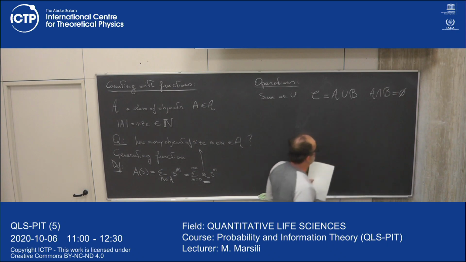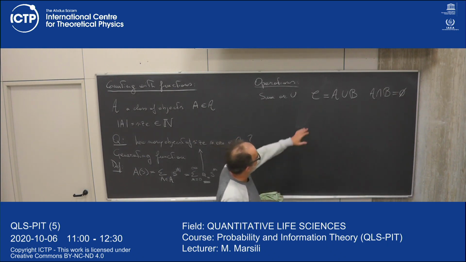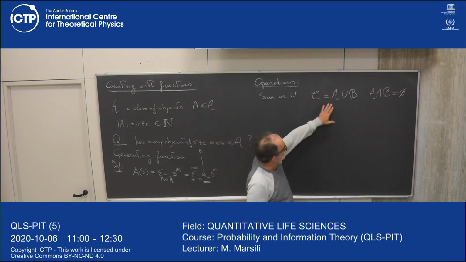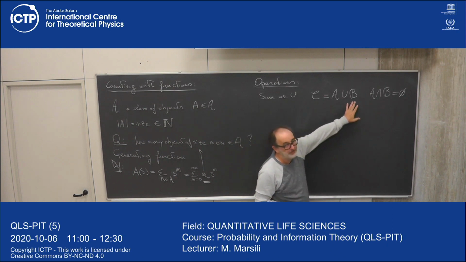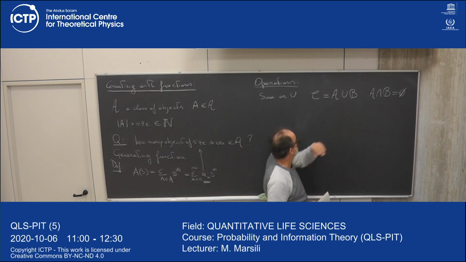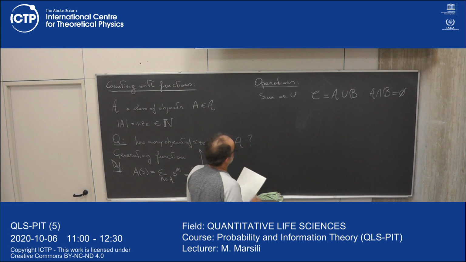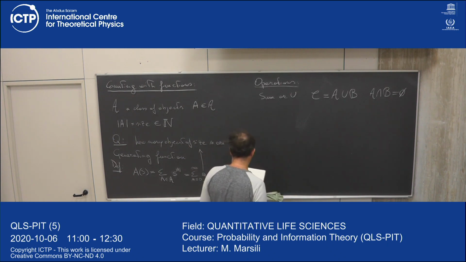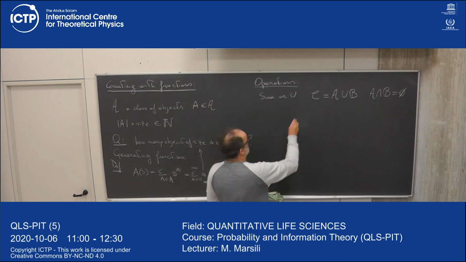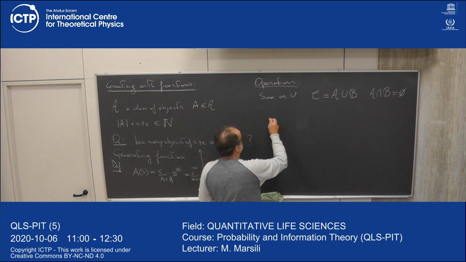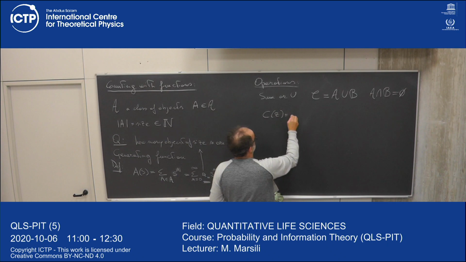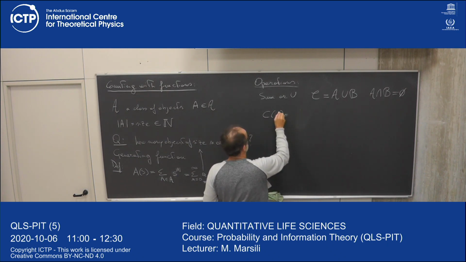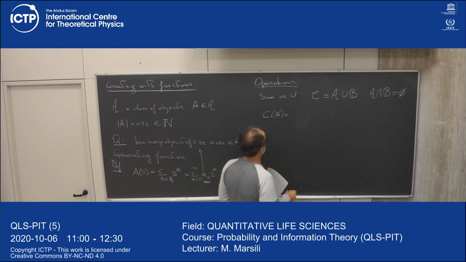So we are interested in objects which are either of type A or of type B. Then for objects in this class C, we can build its generating function, which I define as C of s.